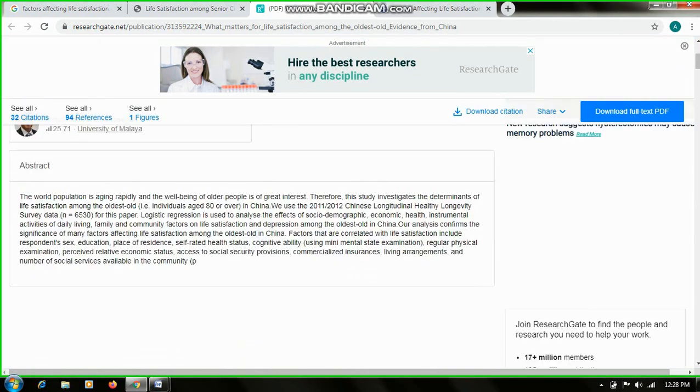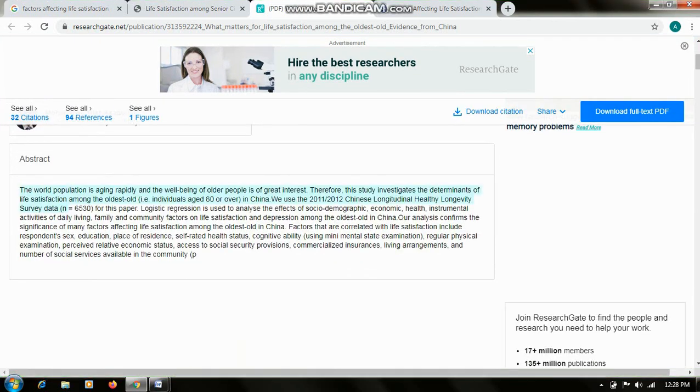Now, what is the evidence in China? Okay, from China, this is the abstract. I know where the information is. See, factors that are correlated with life satisfaction include sex, education, place of residence, cognitive ability, social security, factors like this.